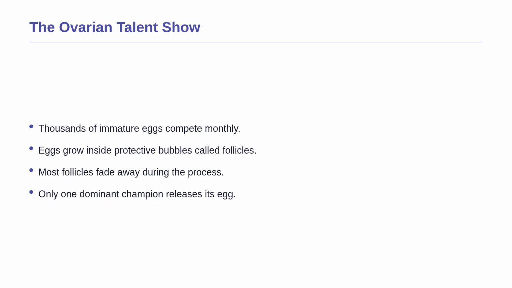The contestants are tiny, immature eggs, and the protective bubble or stage they grow inside is called a follicle. At the start of the month, a group of these follicles begins to grow, competing fiercely for resources and hormonal signals. As the days pass, most of them will drop out of the race and fade away, leaving only one dominant champion to release its egg.